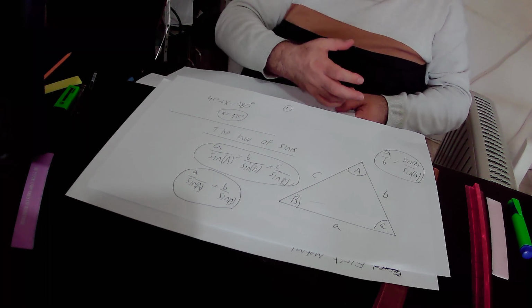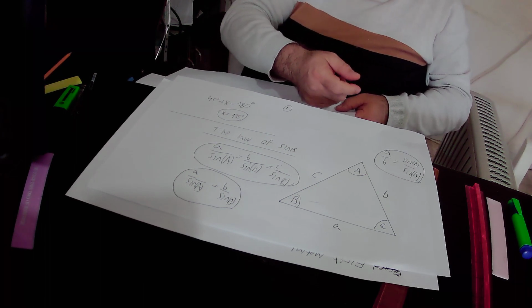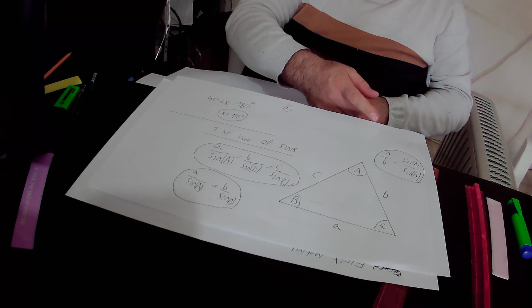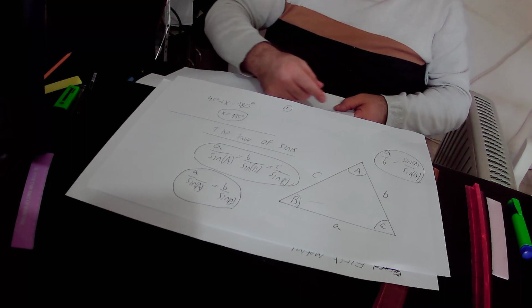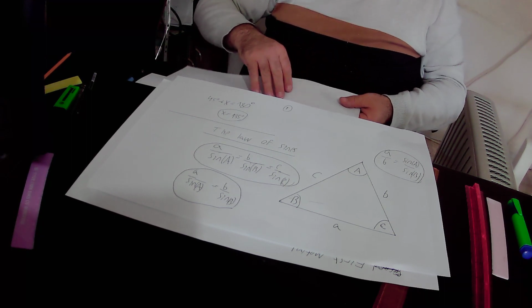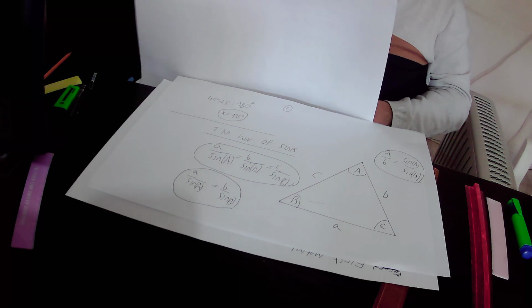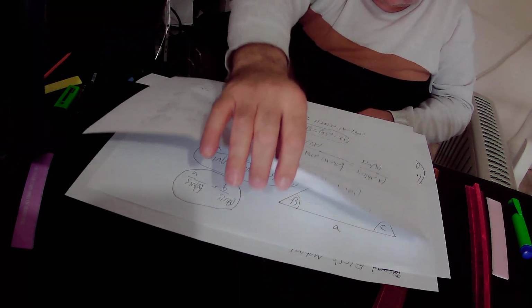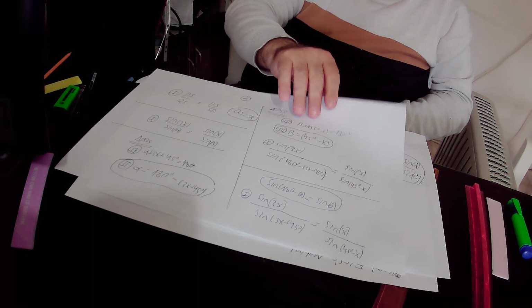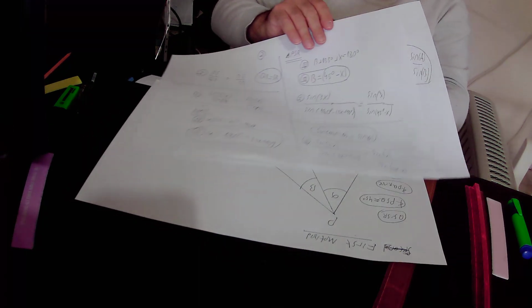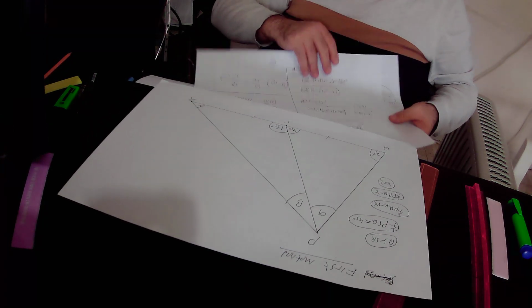This formula means that the ratio between the side lengths of any triangle is equal to the ratio between the opposite angles. Okay? So we can implement this rule in our triangle, in our drawing.